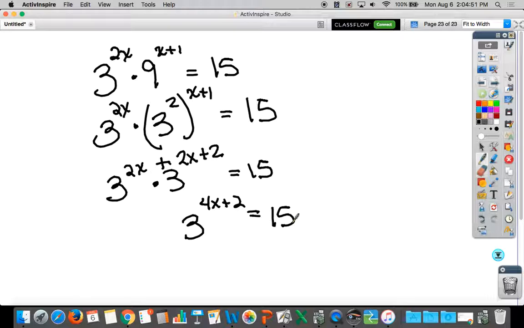This is in what form? Exponential. I want to change it to log. So log base 3. What goes next? Equals. You would do the log base 3, 15 on your calculator. Subtract 2, divide by 4.